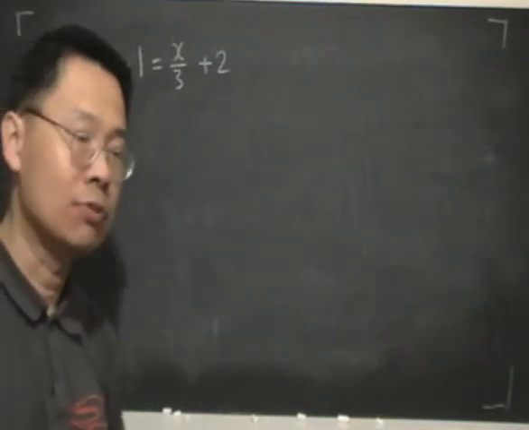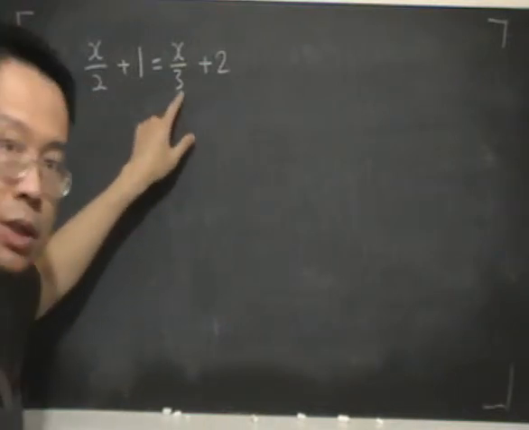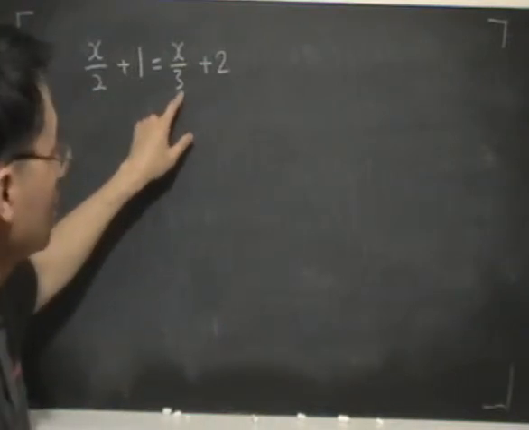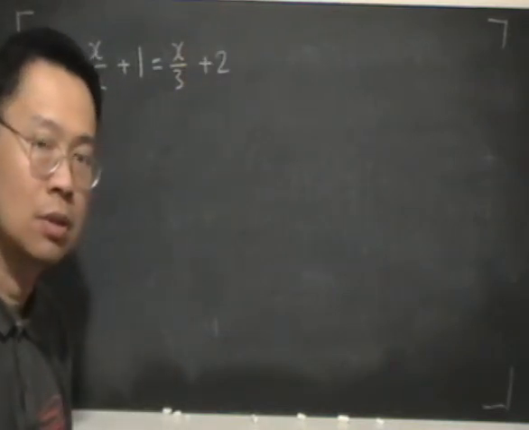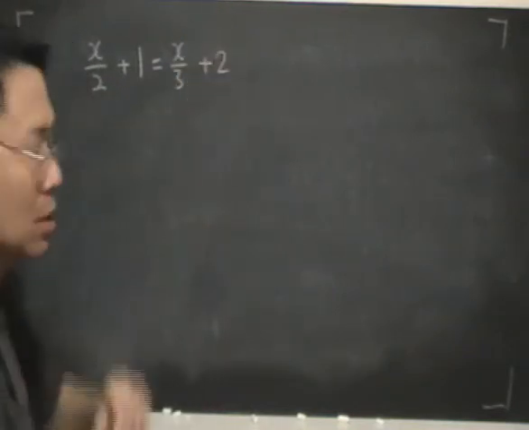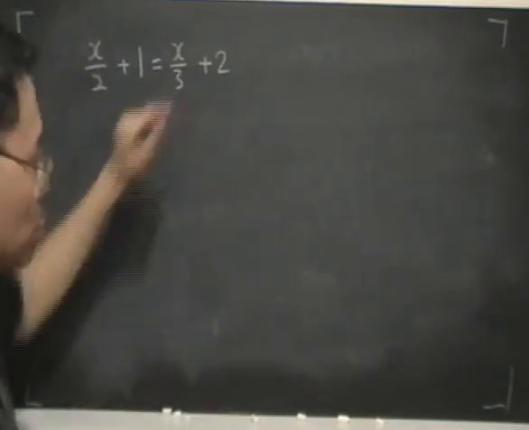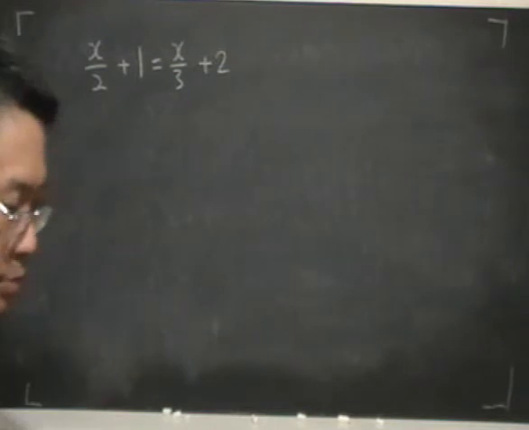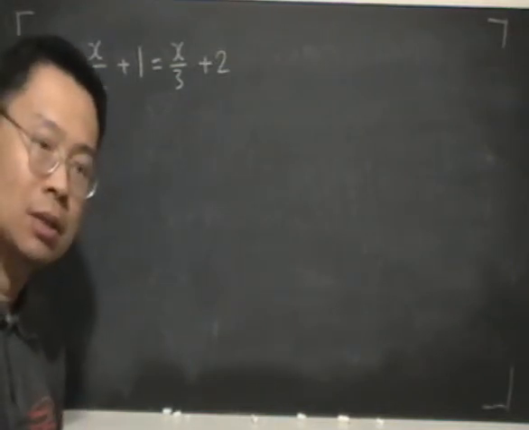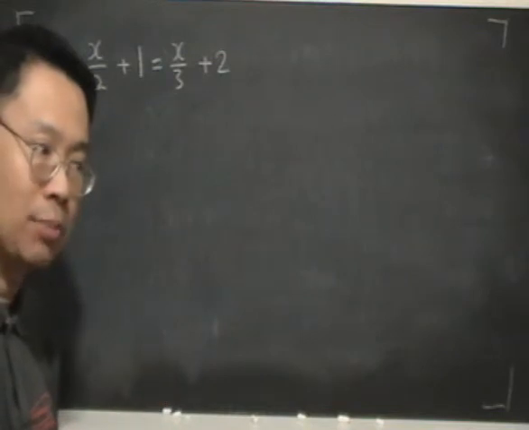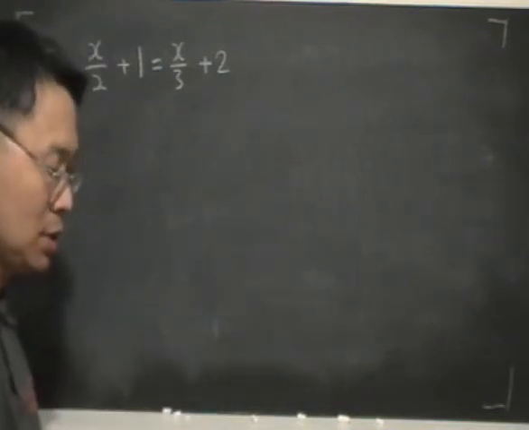But even if I can get rid of the 2 there, I still have a 3 there. Right? The 3 is not going to cancel with the 2 if I multiply the right side by 2. So to get rid of the 3 on the right side, I really need to multiply the right side by 3.